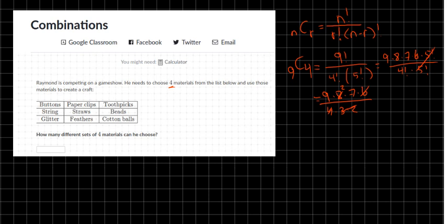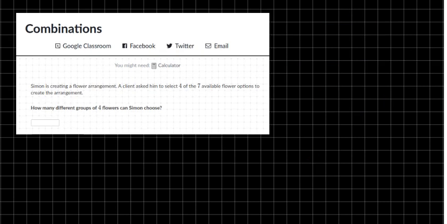So let's see. 2 times 7 is 14. 14 times 9, 126. That seem right? Looks good to me. 126. So I'm going to put in 126 over here. Alright, we're going to go ahead and click that, and we're going to be good.